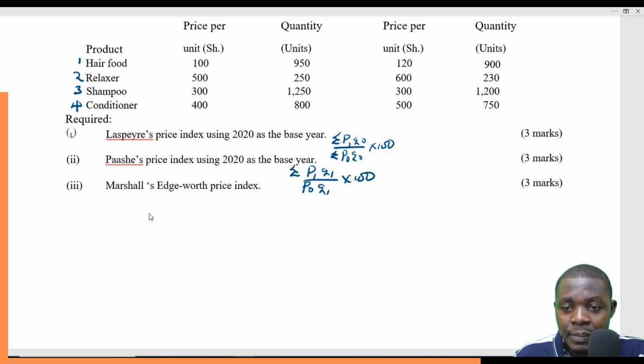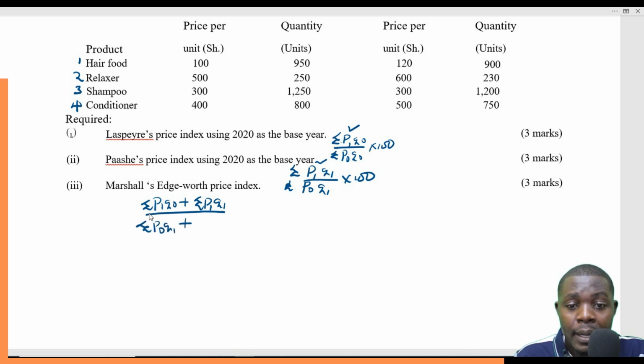Then Marshall-Edgeworth: you take the ones you have here and add them to the ones we have here, just simple. We can say summation of P1 Q0 plus summation of P1 Q1, over summation of P0 Q0 plus summation of P0 Q1.